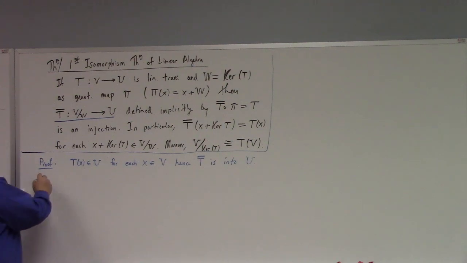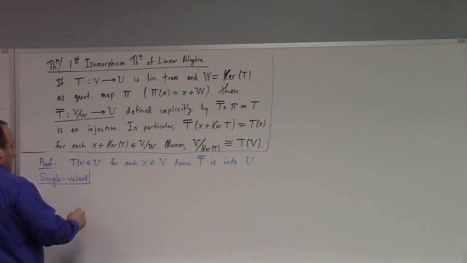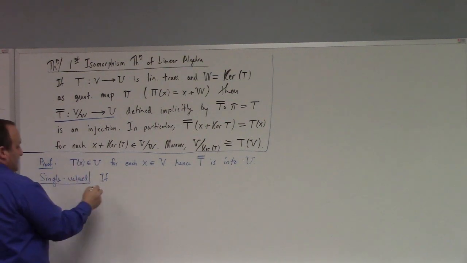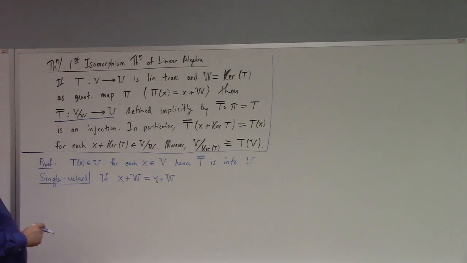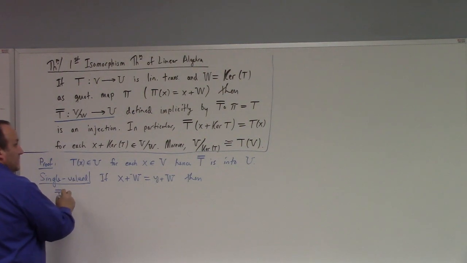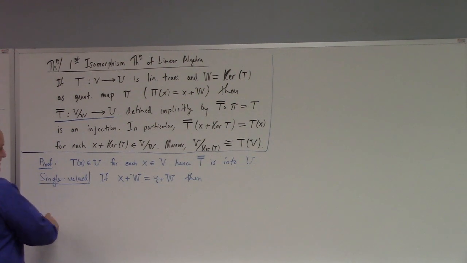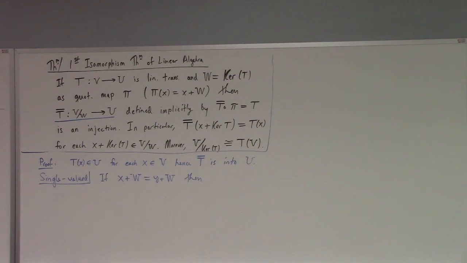Is it single valued? In other words, t bar is a mapping from the quotient space, so let's suppose x plus w is equal to y plus w. Then, let me change colors.